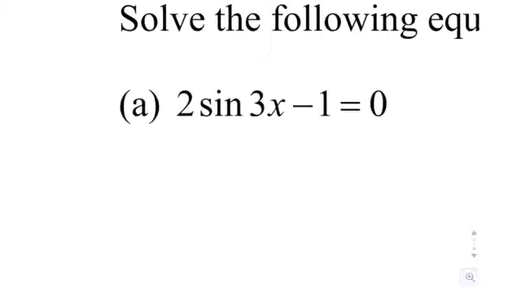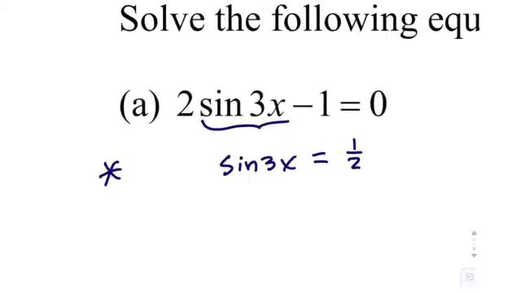It's already equal to 0, right? If it's already equal to 0, do we have any common factors? No. How many terms have variables in them? Just the one. So remember, the goal is to isolate it. We want to get the sine of 3x by itself. So if I add 1 and divide by 2, we get sine of 3x equals 1/2.